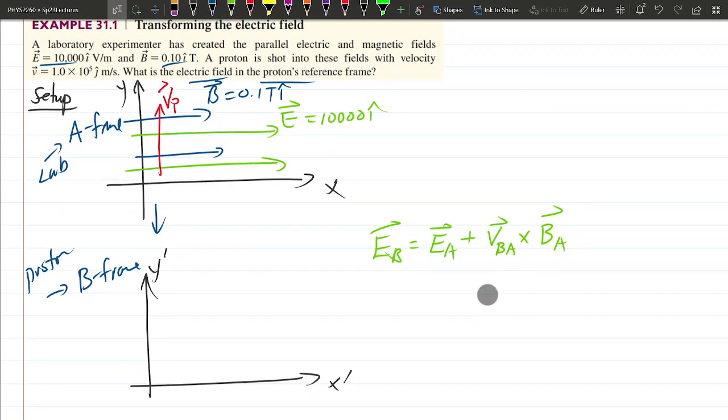Before even drawing the electric field, I'm going to figure out what the direction is, because there's already an electric field. That's E_A. We have to add this vectorially to this V_B cross B_A. The velocity of B, meaning the proton, in A's frame, is how you interpret this. The velocity of the proton in the lab frame is in the positive j hat direction.